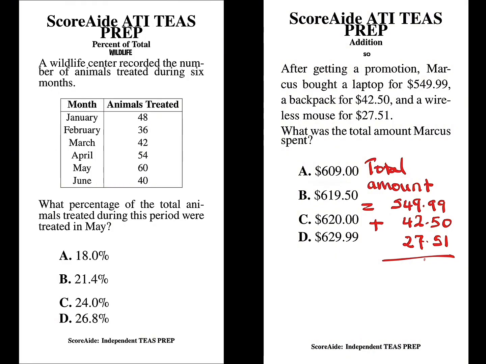Then 6, 10, 12, right? Then we have 620. So the answer there is going to be 620. We didn't need a calculator, guys. The answer there is going to be C.